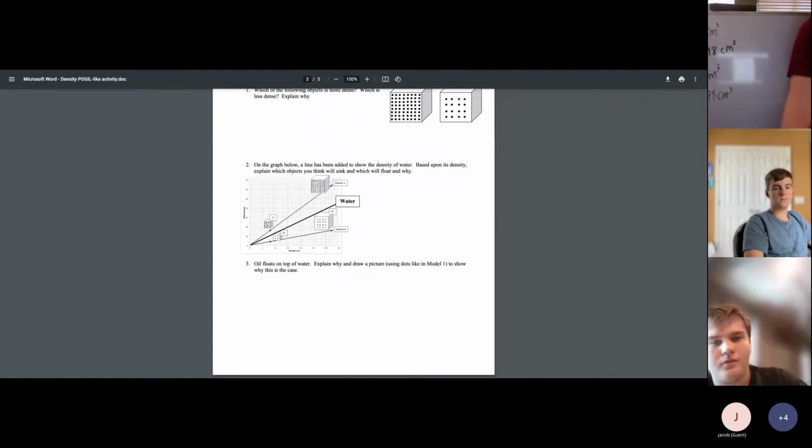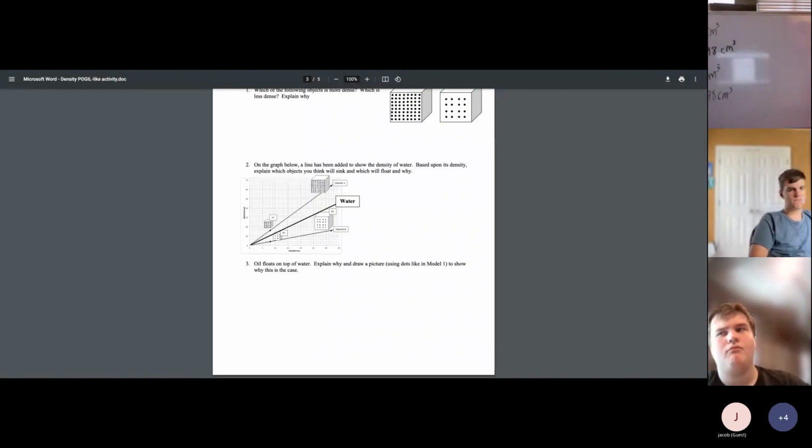What would happen if I put a substance that had the same density as water into water? Would it sink or would it float? What you think?